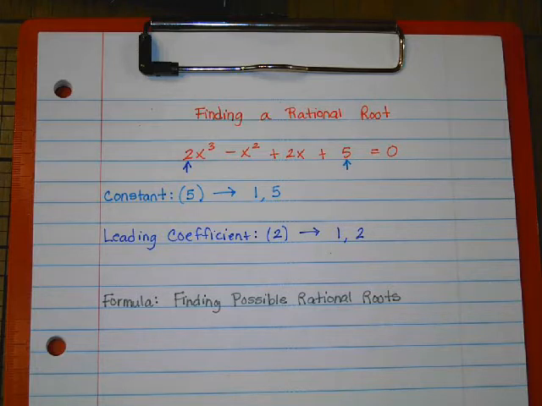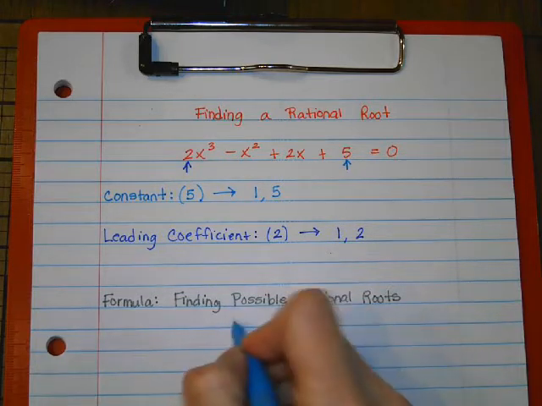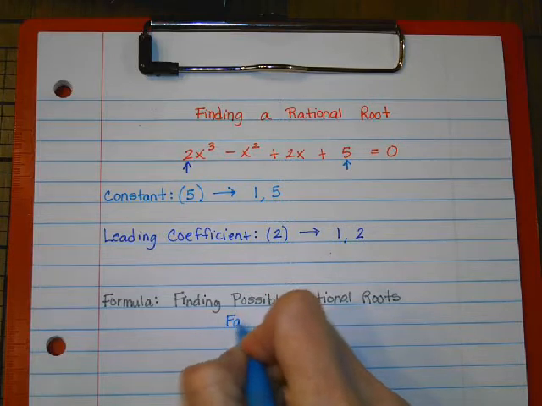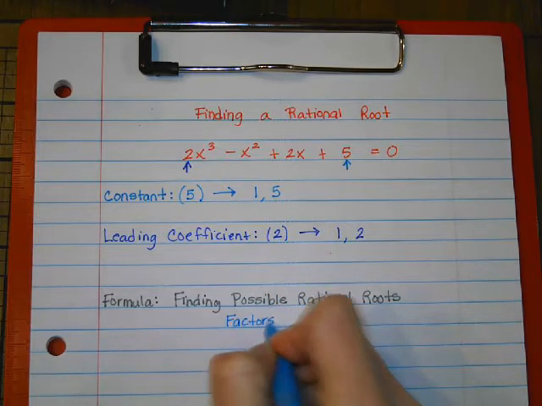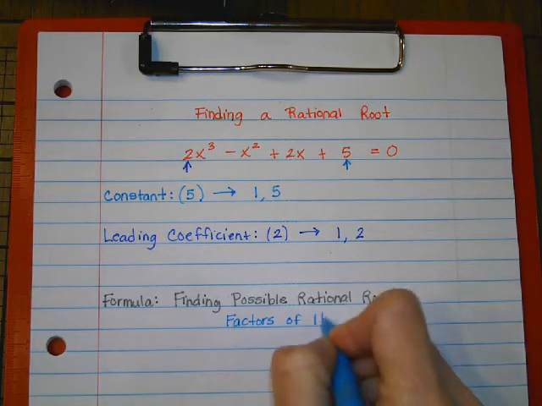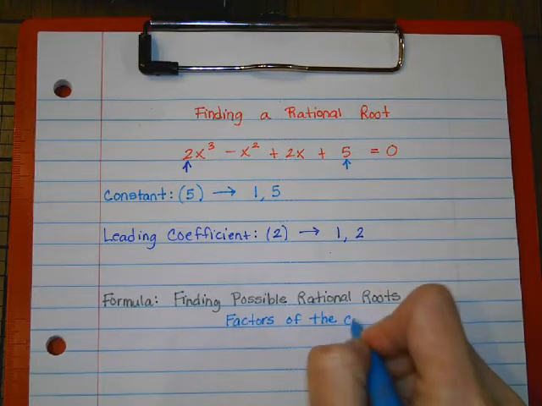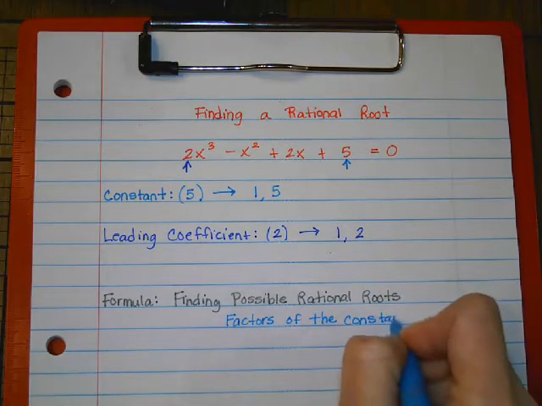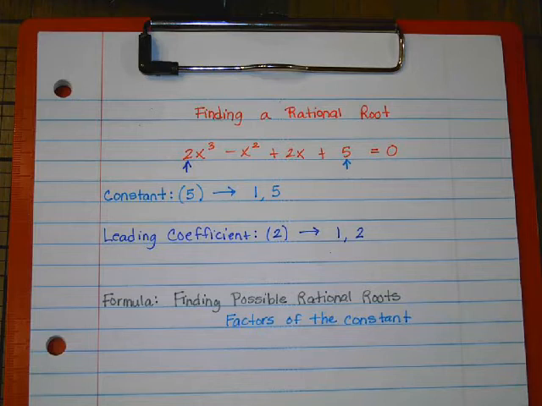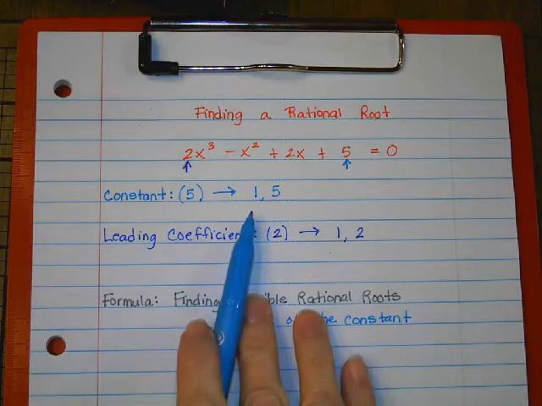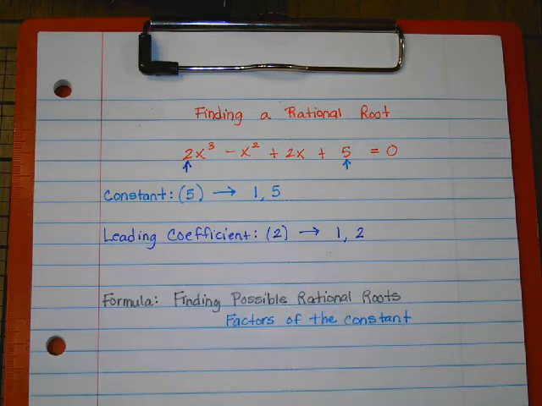Okay, so to find the possible rational roots, we're going to take the factors of the constant. We know the factors of our constant. They are 1 and 5. Beautiful.